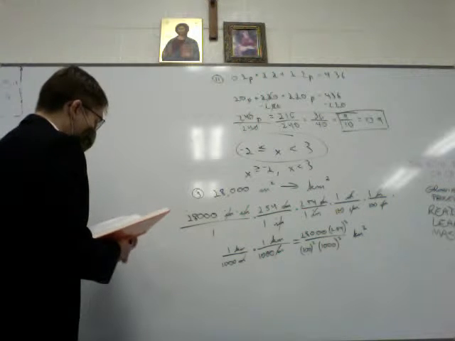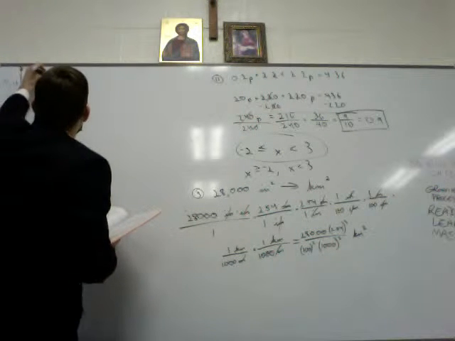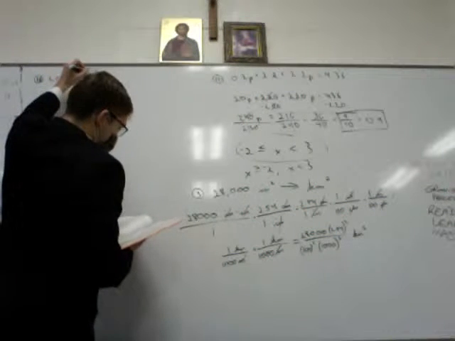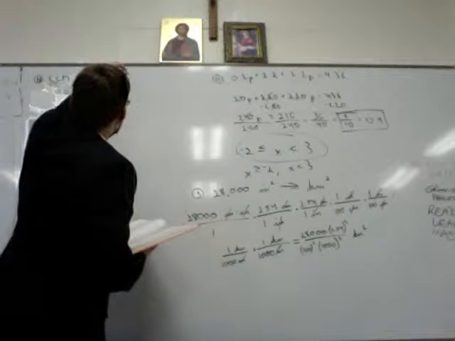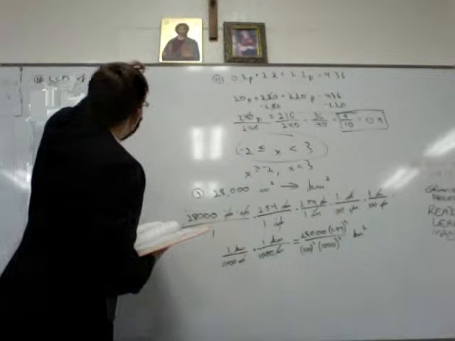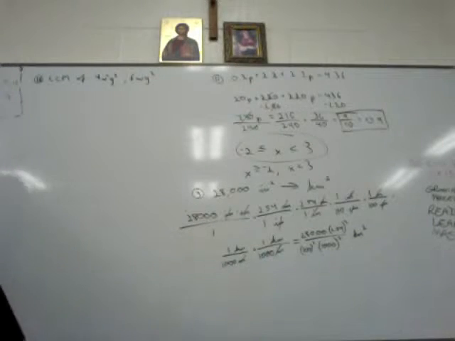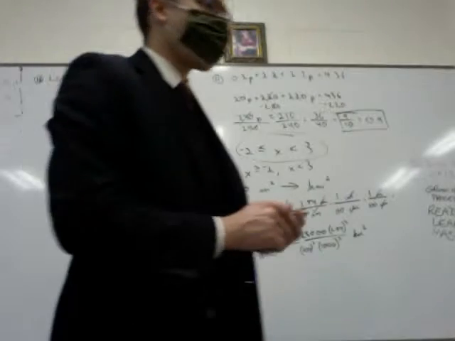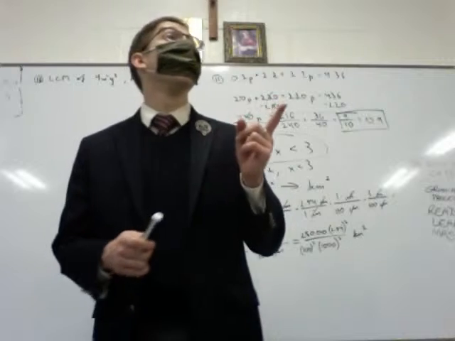Number 16, we're looking for the least common multiple of 4w squared y cubed and 6wy squared. With least common multiples and greatest common factors, what's the first step to find them for 2 or more numbers or terms?